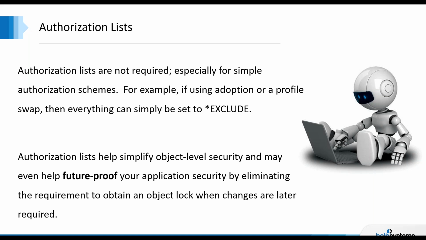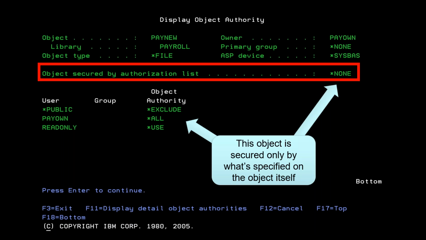The reason being that there may be changes that come along down the road that weren't anticipated during the original application design. And if we do have to open the door to an ODBC connection coming in, and we want to add the permissions of an ODBC user, then I can do that to the authorization list without having to gain that lock and interrupt the flow of the application.